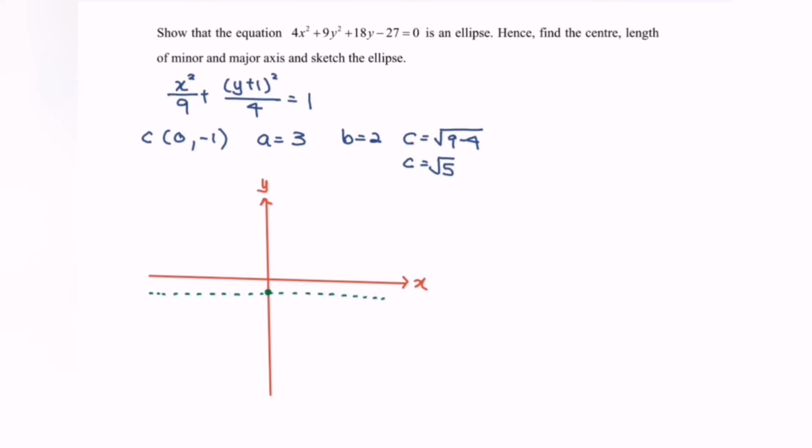Then we have the major axis, followed by the minor axis, which is the y. Next, we have the center named 0, -1. Kindly focus on the value a, where we move towards the left and the right for 3 units.